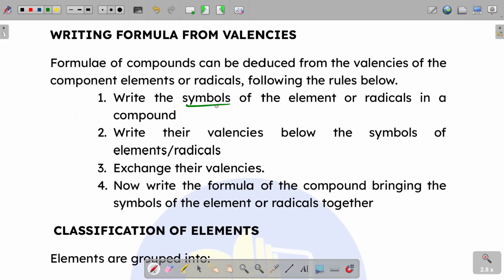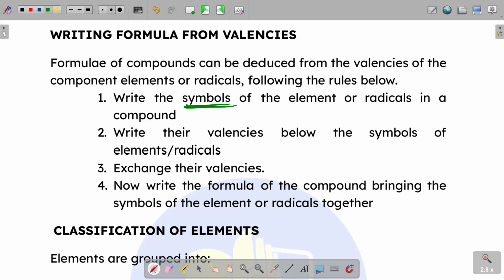We said in the previous video, when we were discussing differences between mixtures and compounds, that a compound will have a chemical formula, because it's a chemical combination of elements. So it will definitely have a chemical formula, okay? So when you want to write the chemical formula of this compound, the first step is to write the symbols of this compound.